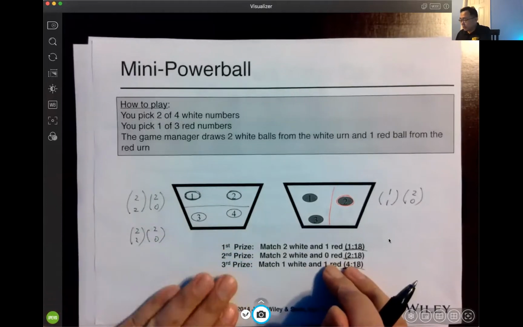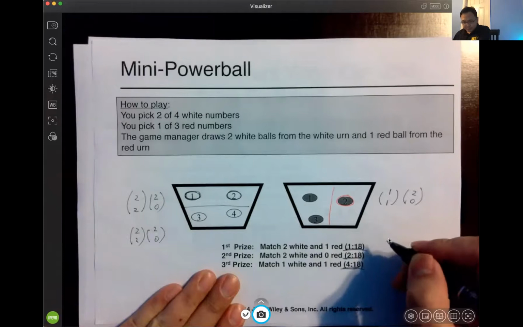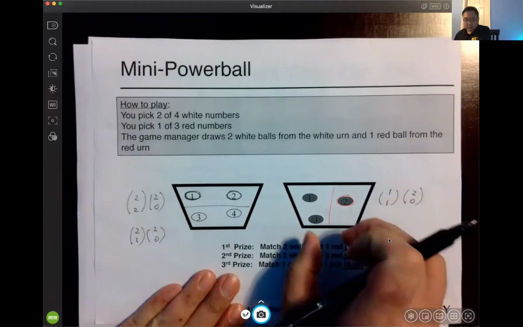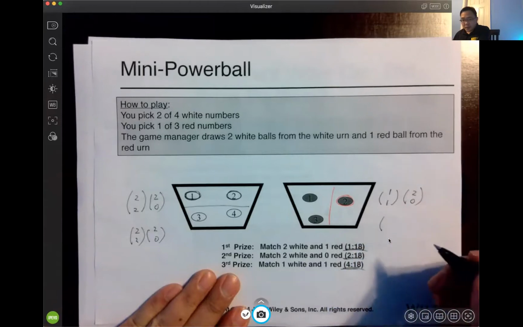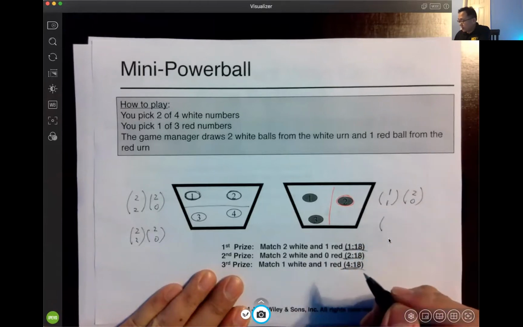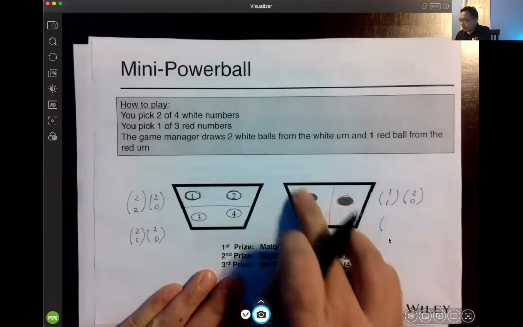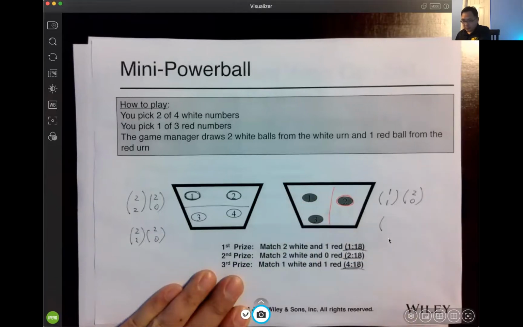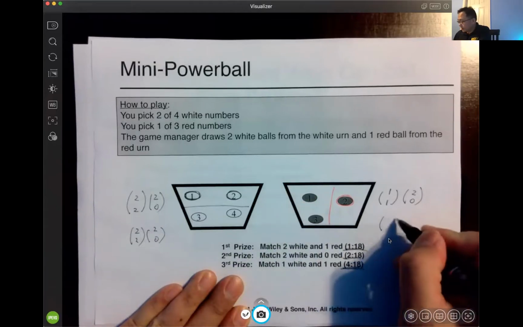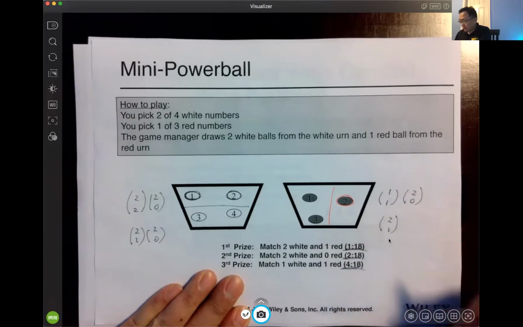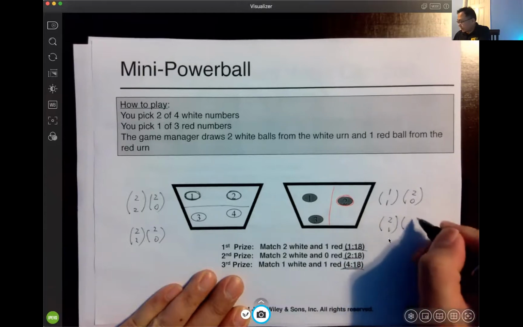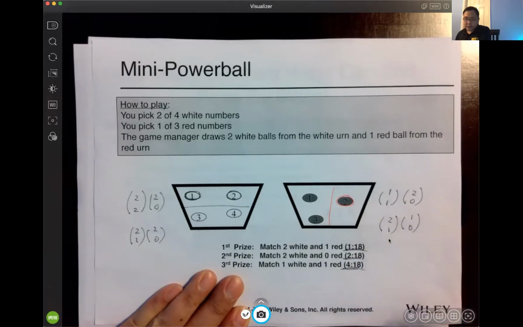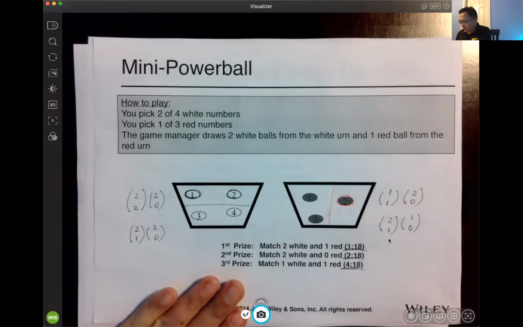But from the red urn, we need to choose one from those unlucky balls, so two choose one. And for the lucky one, we didn't choose it, right?